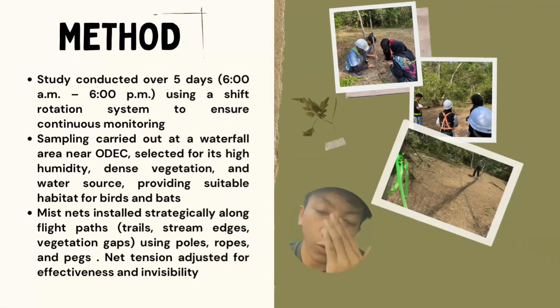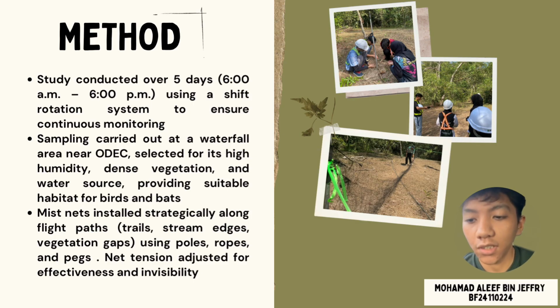Okay, next for the methodology. The study was conducted over 5 days from 6 a.m. to 6 p.m. using a shift rotation system to ensure continuous monitoring throughout the sampling period.